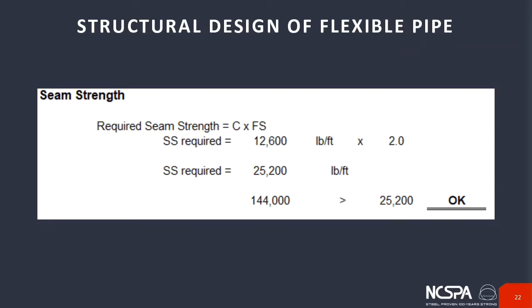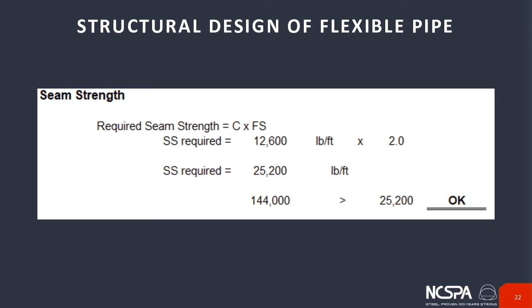The seam strength that's required is simply the thrust, or the load that is on the pipe wall that we computed earlier, multiplied by a factor of safety, and then compared to the seam strength limit for the pipe that we have.